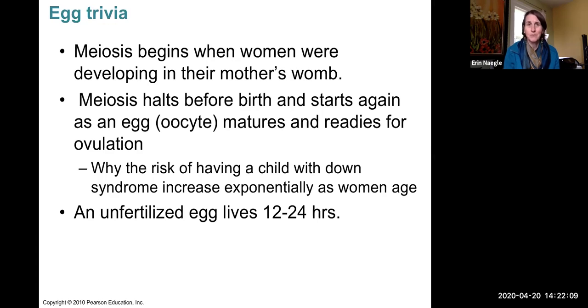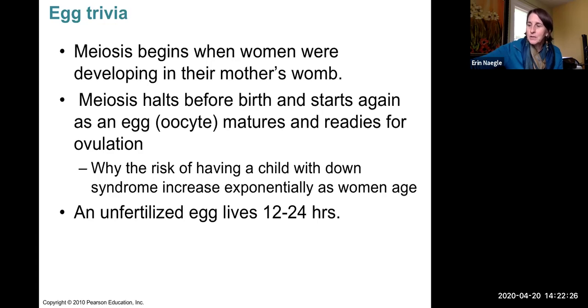It took 20, 24 days inside of the testes, another 20 plus days of maturation in the epididymis before those sperm are ready.